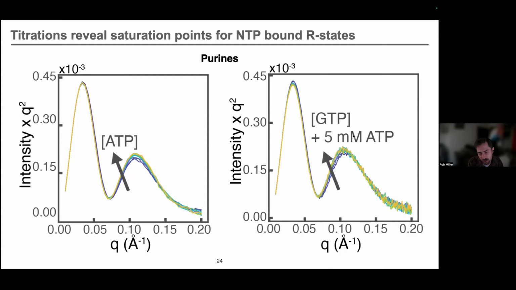We then fixed ATP at 5 millimolar and began titrating in GTP. What we saw from this Kratky representation is that the second maxima was shifting to the left, to lower Q, indicating that the ensemble in solution, or our structural envelope, was becoming larger. The enzyme was expanding in solution.